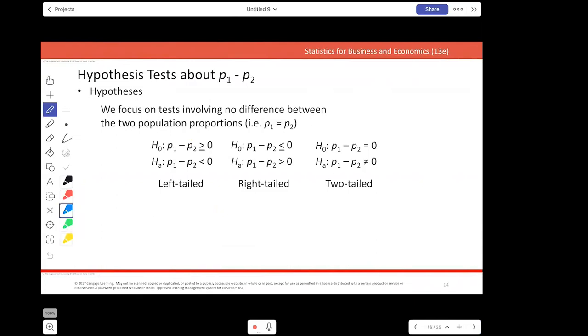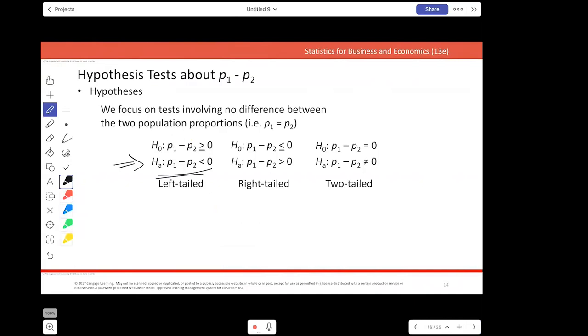We have the same 3 cases. In HA, we are attempting to show P1 minus P2 is less than 0, which means there's been a decrease, if P1 is before and P2 is after, for example. If we're looking at P1 minus P2 greater than 0, that means we're expecting P1 to be greater than P2.